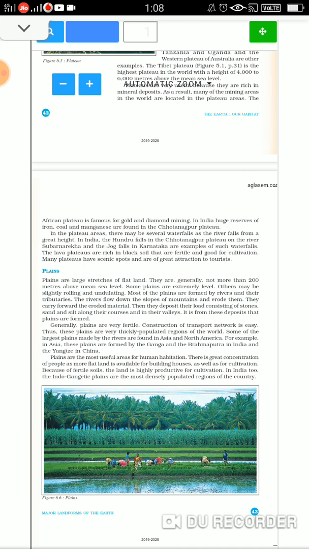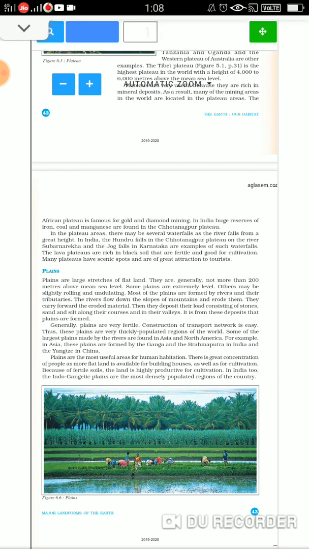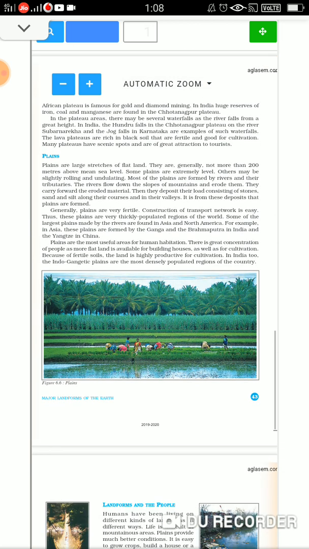Hundru Falls in the Chota Nagpur plateau on the river Subarnarekha, and Jog Falls in Karnataka, are examples of such waterfalls. Lava plateaus, children, are black in color. Fine, they have rich black soil, and that soil is very fertile and good for cultivation. And the plateaus also have some scenic spots, and they attract so many tourists.